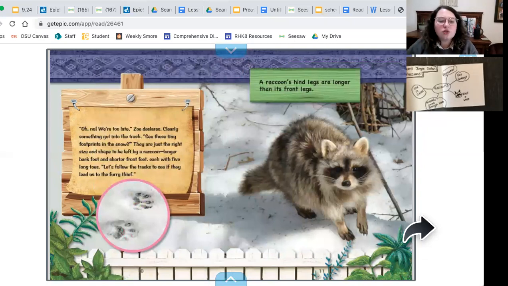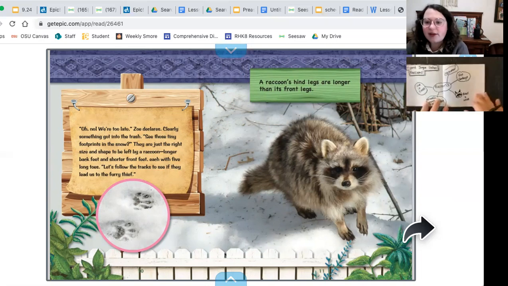Oh no, we're too late, Zoe declares. Clearly something got into the trash. See those tiny footprints in the snow? They are just the right size and shape to be left by a raccoon. Longer back feet and shorter front feet, each with 5 long toes. Let's follow the tracks to see if they lead us to the furry thief.